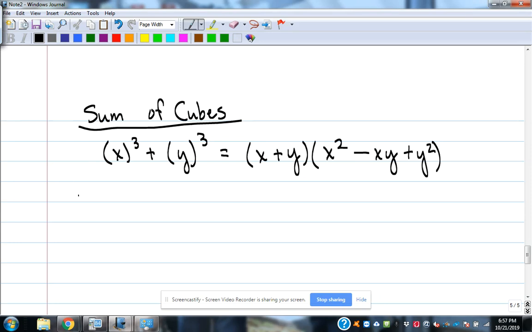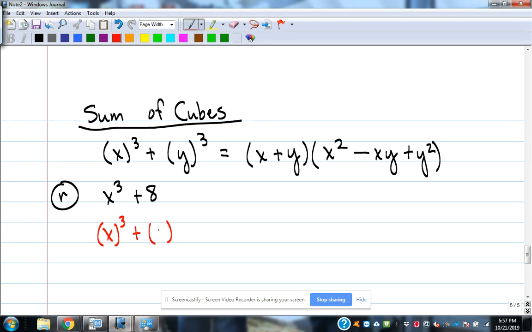Let's look at an example of that. Let's say we had x to the third power plus 8. This is one of those things where you just have to memorize some numbers. You know that 8 is 2 times 2 times 2. That's how I know that it's a cube.